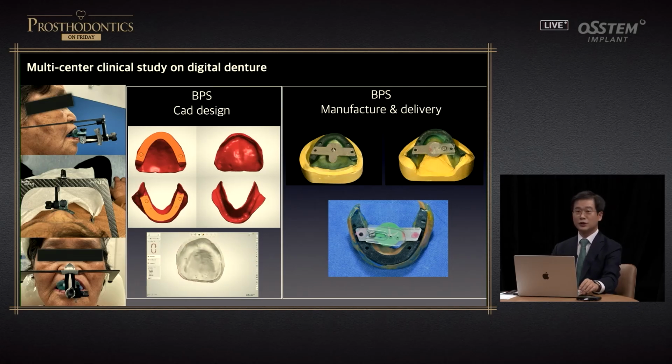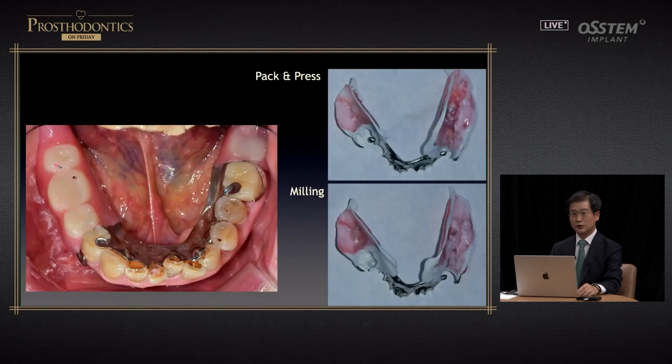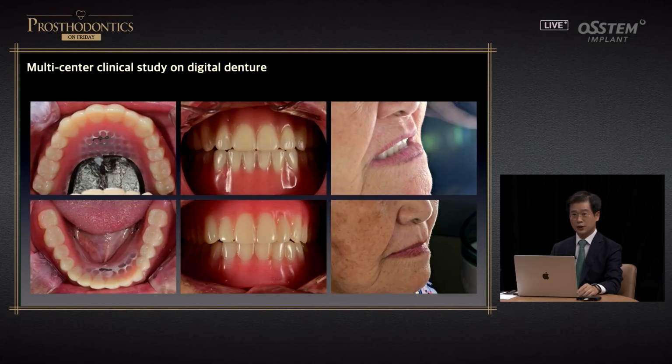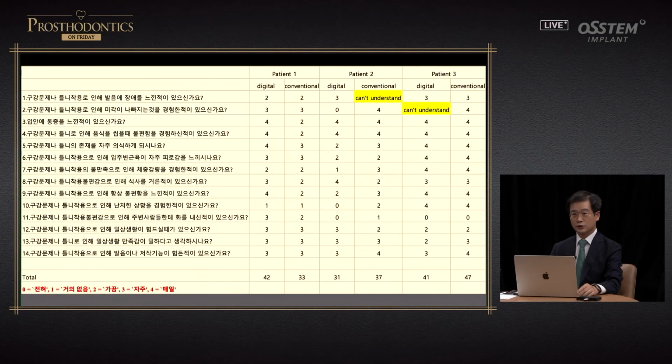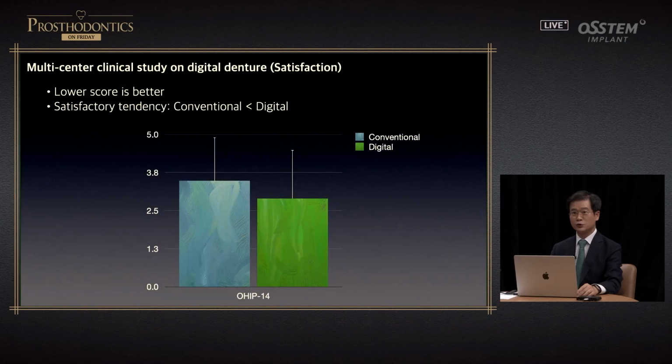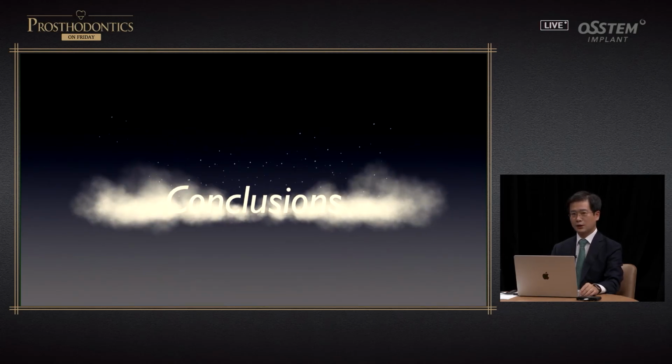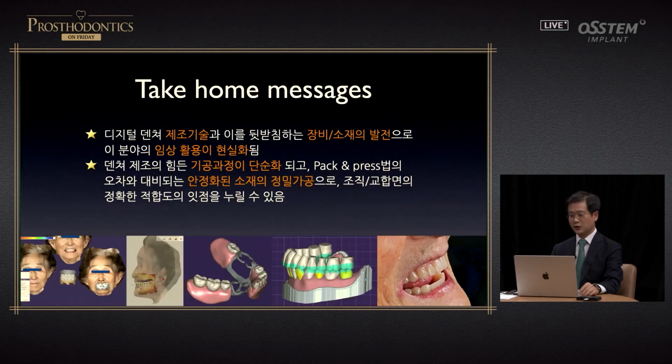So we are doing a clinical study now, and early data shows, in terms of accuracy and the patient survey results, that preference for digital denture is actually higher than for conventional denture. So the conclusion is this: digital denture production technology is still very complicated.